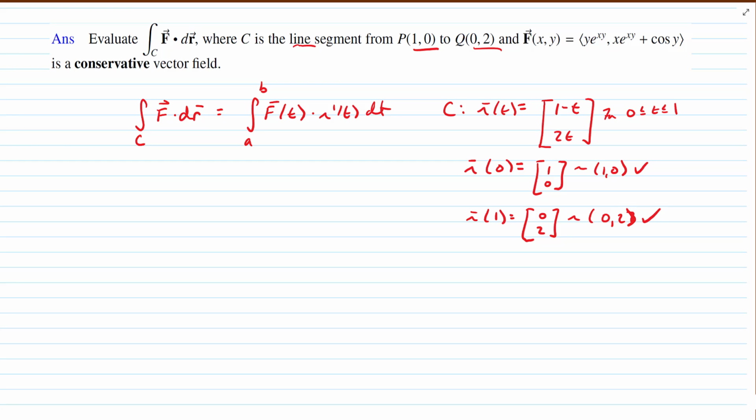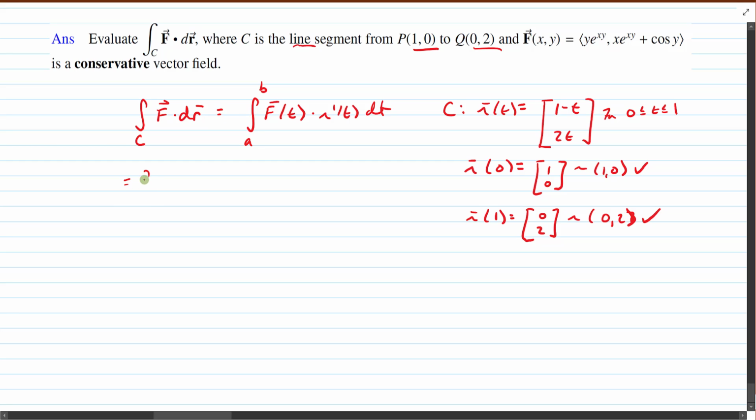So we can now go ahead and write our line integral as the integral from t equals 0 to t equals 1. But then we need to go ahead and parameterize our vector field. So I'm going to take and replace each of the x's in my vector field with 1 minus t, and each of the y's in my vector field with 2t.